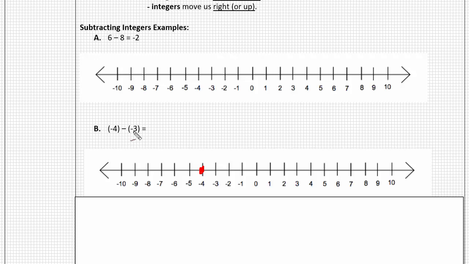Well, negative 3 is a negative integer, and we're going to go to the right 3 places from negative 4. So 1, 2, 3. Negative 4 subtract negative 3 equals negative 1.